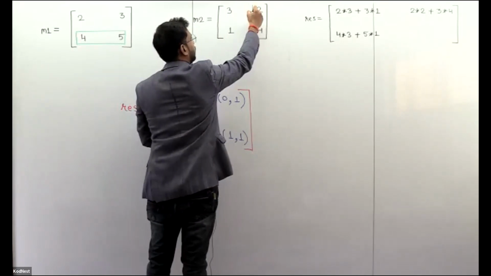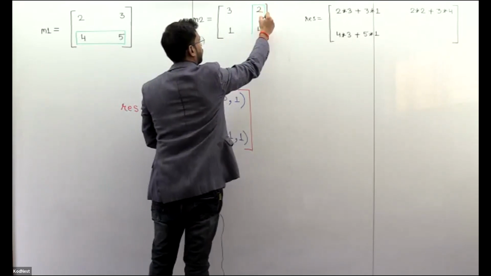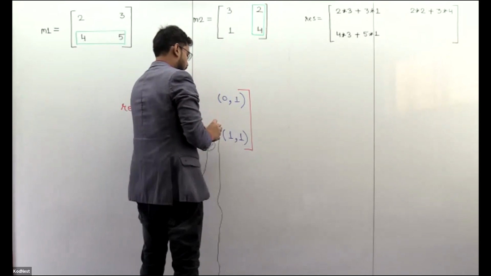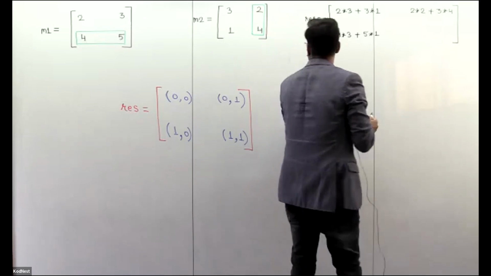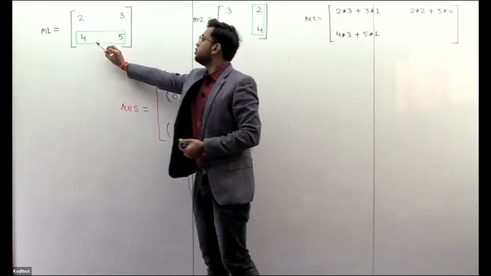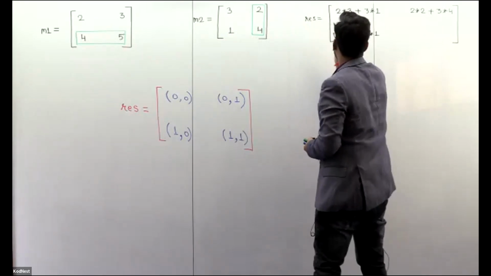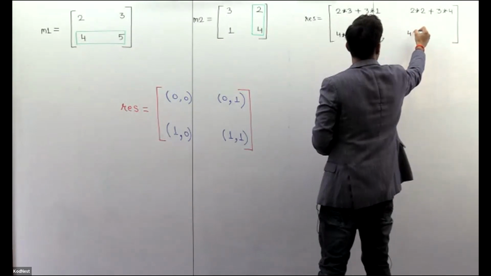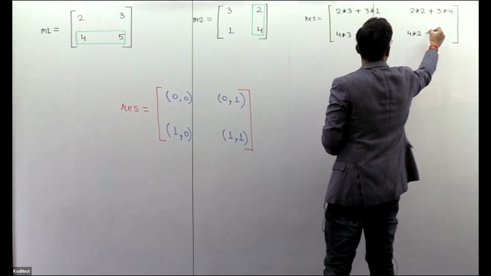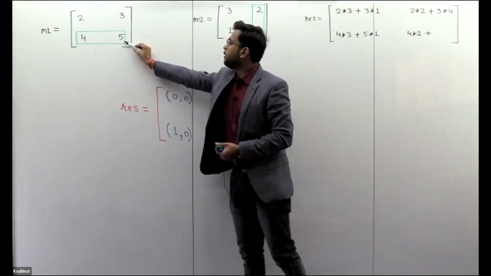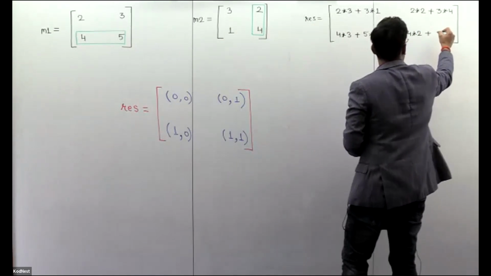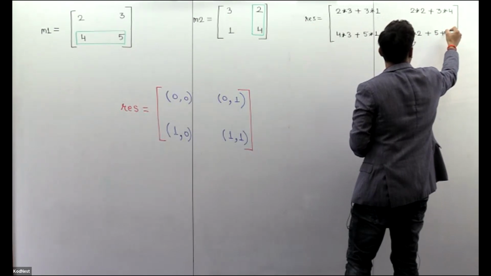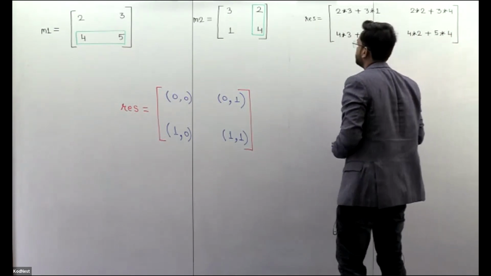So here I will tell this is the first column. After considering them, I will find the multiplication result. So 4 multiplied with 2, 4 multiplied with 2 plus 5 multiplied with 4. So here I will tell 5 multiplied with 4.